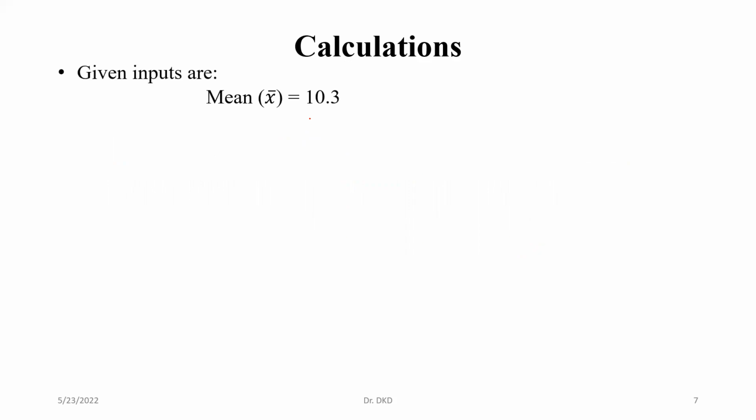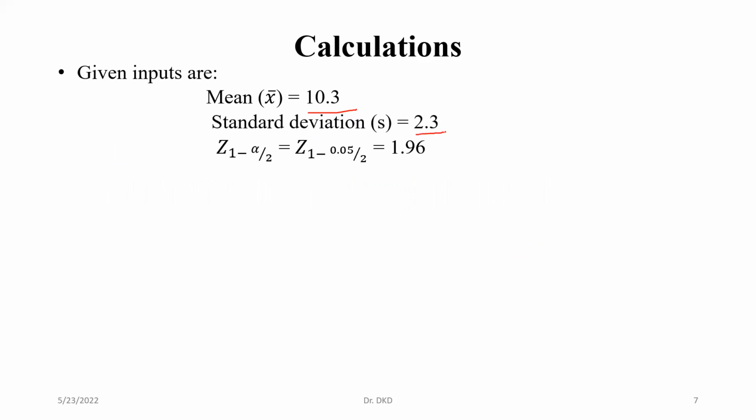As we have seen in the question, the mean is given as 10.3 and the standard deviation is already given as 2.3. For Z1 minus alpha by 2, it means a two-sided test, with 1 minus 0.05 by 2, so the normal deviate value would be 1.96 if it is two-sided.